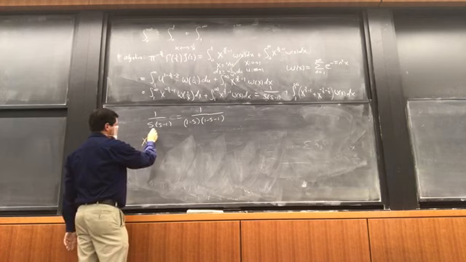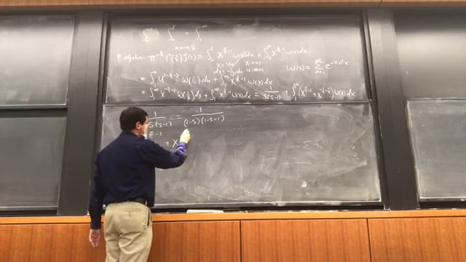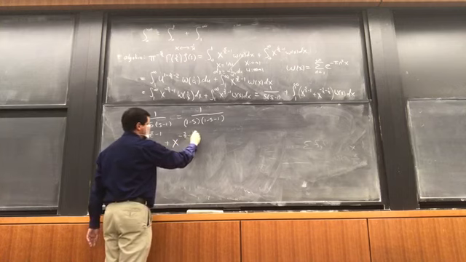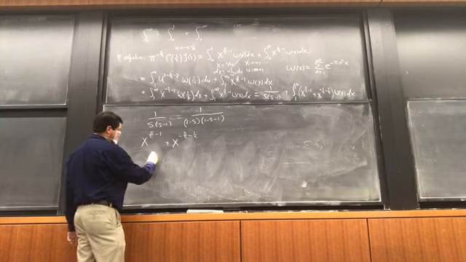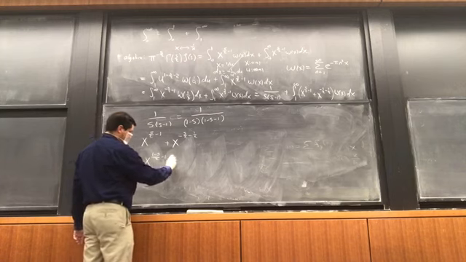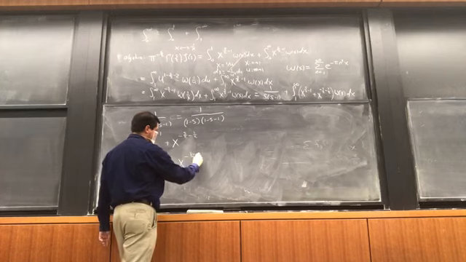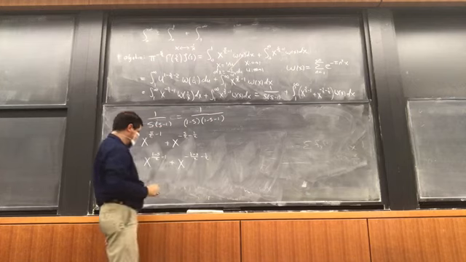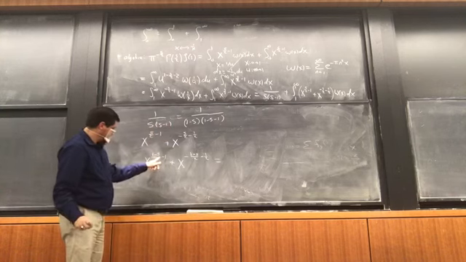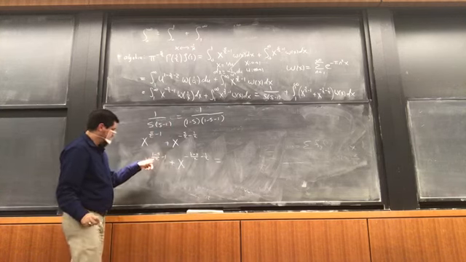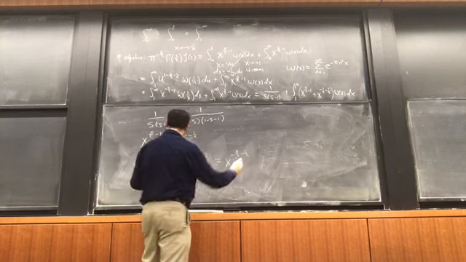The other piece is I have x to the s halves minus 1 plus x to the negative s halves minus a half. And if I replace s with 1 minus s, I get x to the 1 minus s over 2 minus 1 plus x to the negative 1 minus s over 2 minus a half. Well, I have a positive a half and a minus a half, so that's going to be x to the negative s halves minus a half.